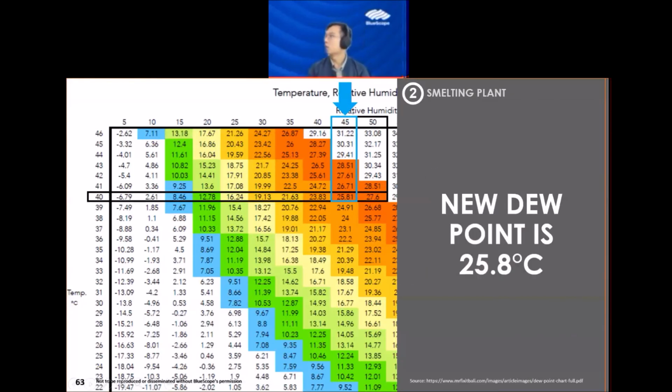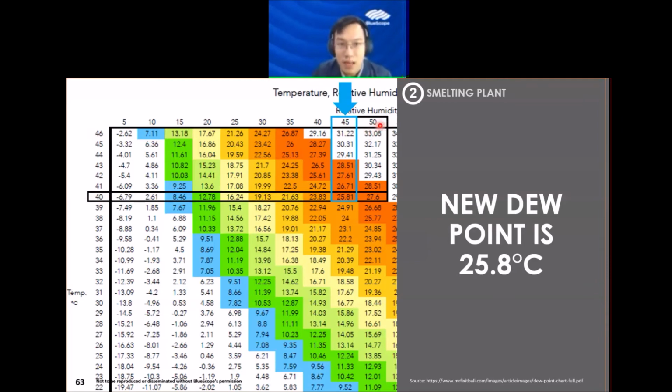Here you can see that if the internal air is higher than 40 degrees Celsius, for example, at the same RH of 50, if the internal air temperature is 46 as opposed to 40, the dew point is actually at 33 degrees Celsius.